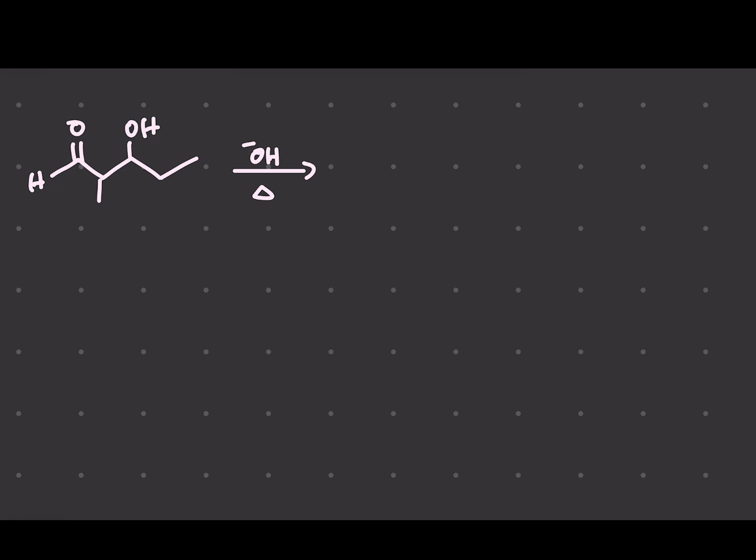So the aldol condensation is going to happen like so. This hydroxide ion is going to come in and deprotonate the alpha carbon and take the alpha hydrogen.